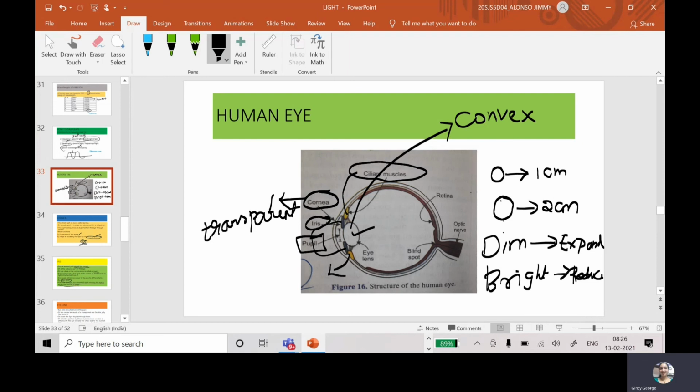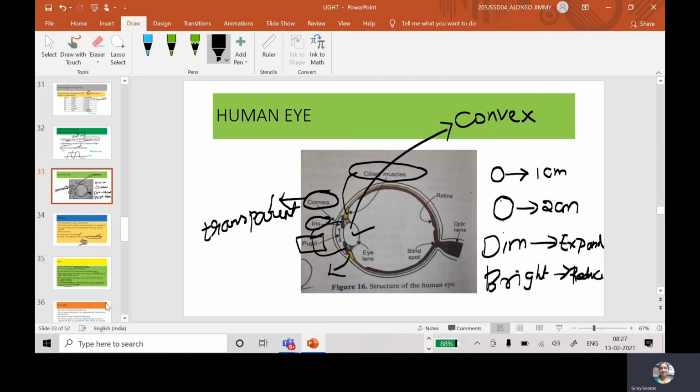This eye lens is helping to focus the light and form the image on the retina. This eye lens is adjusted with the help of the ciliary muscles.